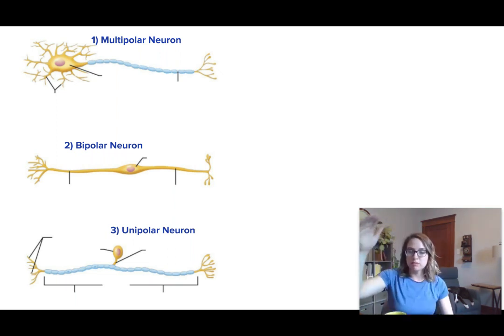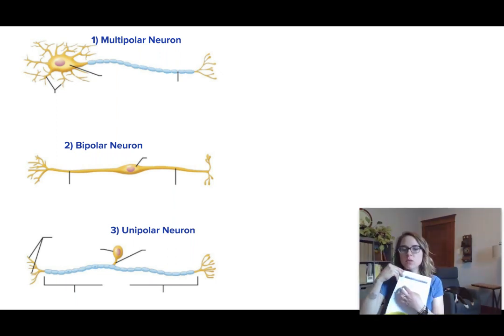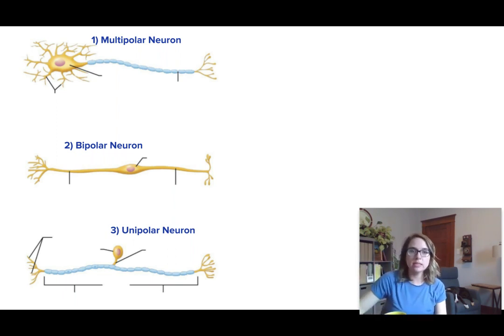That is what we drew up above. This is the most common one, and that's why it looks similar to the picture up above. So this guy up here, the big one, is a multipolar neuron, just like number 1 down below. Your bipolar neuron has 2 kind of poled ends to it. And then the unipolar neuron sort of has this goofy thing sticking up out of the middle.